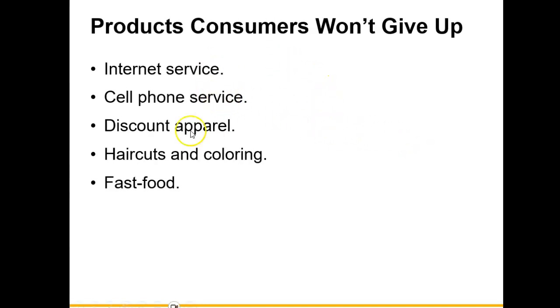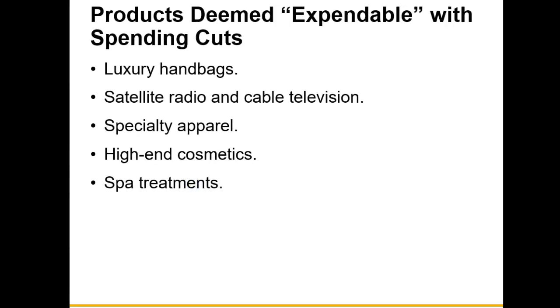Discount apparel, haircuts and coloring, and fast food. We're not saying that fast food is the best thing for you, but certain consumers will not give up fast food. These items here are considered to be expendable with spending cuts, meaning that if we had to not purchase certain products, these items would be on that list.